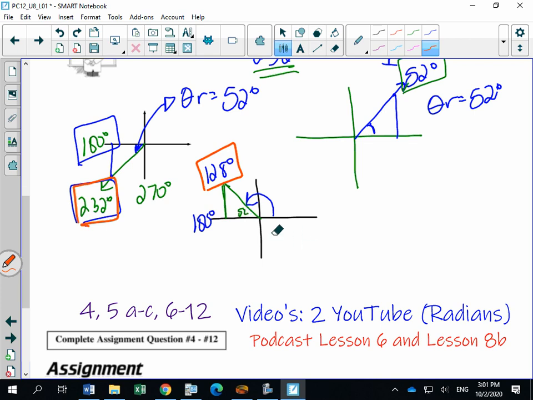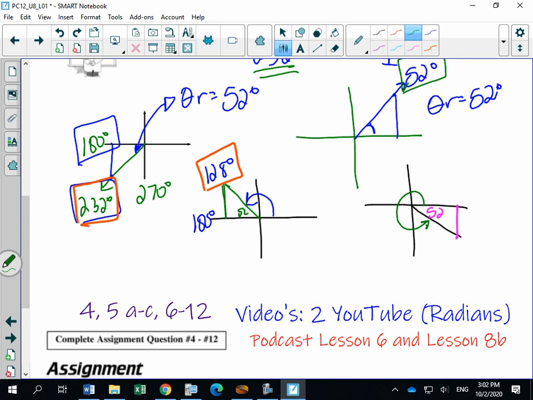The only other quadrant I need to deal with now is quadrant 4. So in quadrant 4, draw a reference angle of 52 degrees. Remember, your triangle always goes up to the x-axis. What's the angle in standard position? The angle in standard position is always from 0 to where that terminal arm terminates.